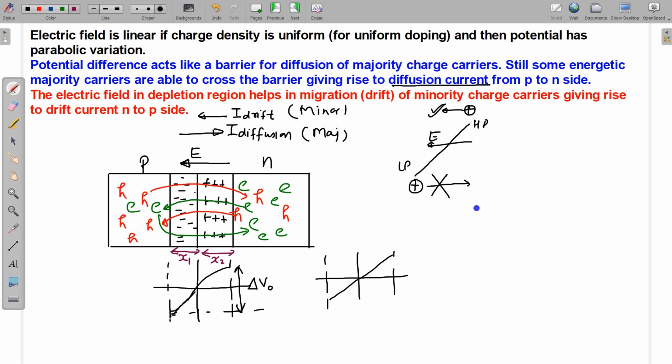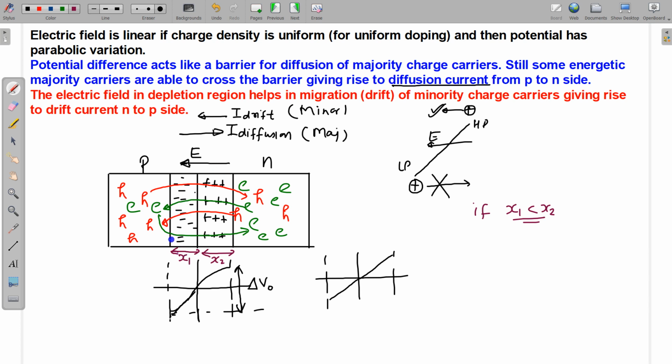In the diagram I have shown x1 less than x2, so the width on the P side is less than the width on the N side. Total width of this depletion layer will be x is equal to x1 plus x2.